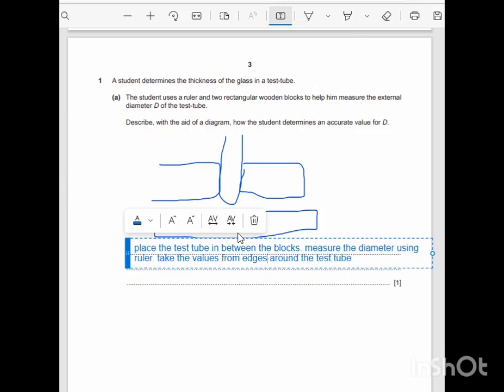Edges, I'm going to make it particular edges of the rectangular blocks around the test tube, and subtract to get the diameter value. Okay, right, so that's it.